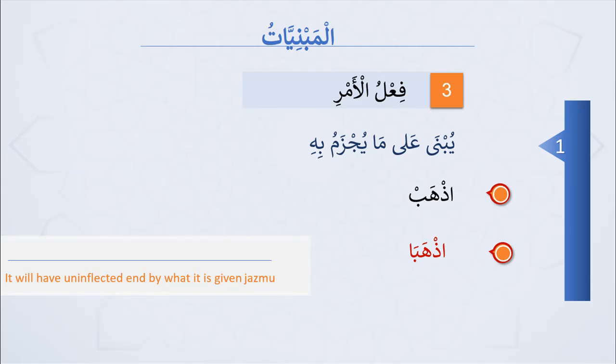Like we said, it will have an uninflected end by what it is given jazm. The first one is idhab, so we say mabniyun ala sukun. The next one is idhaba, you say mabniyun ala hadfi an-nun. Hadf an-nun is what we used to give as jazm, so it is also mabniyun ala hadfi an-nun.